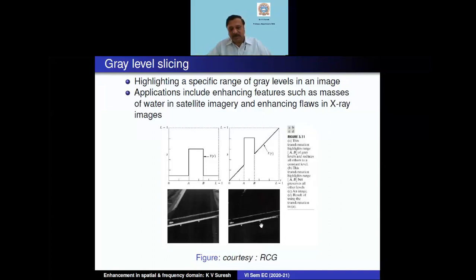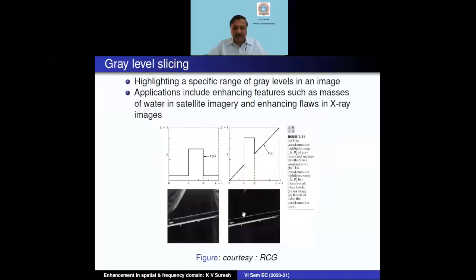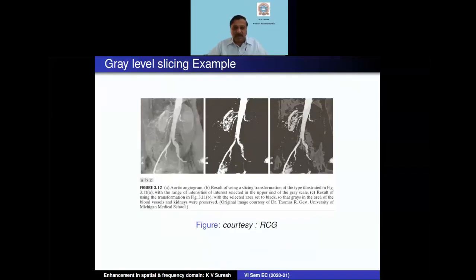So this is very important whenever you are interested in a specific range of pixels in an image. This is called gray level slicing because the gray level is sliced to different ranges and a decision is taken. Another good example here is an angiogram image. What is done here is figure 3.118, that is, this type of transformation is taken and you are enhancing it.